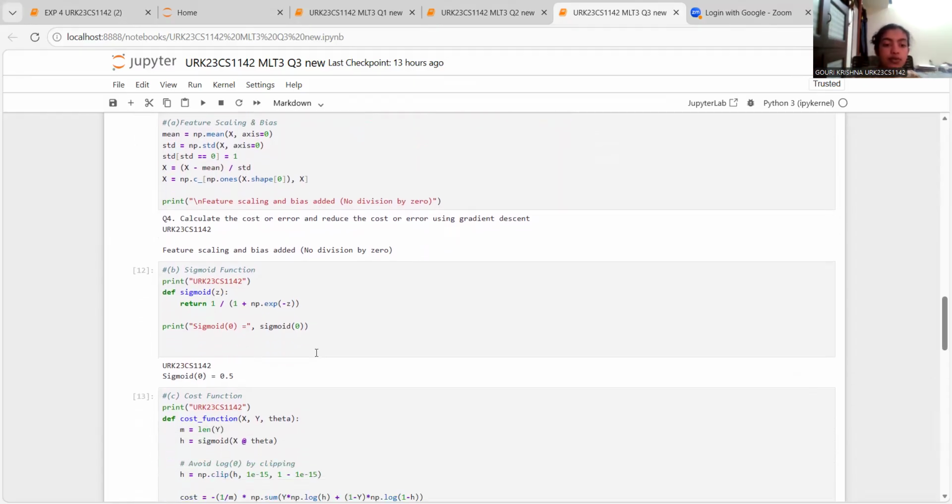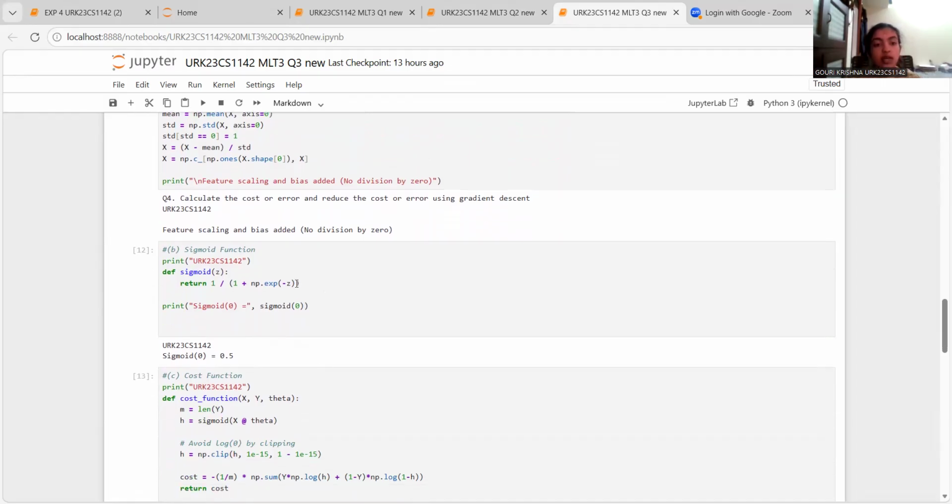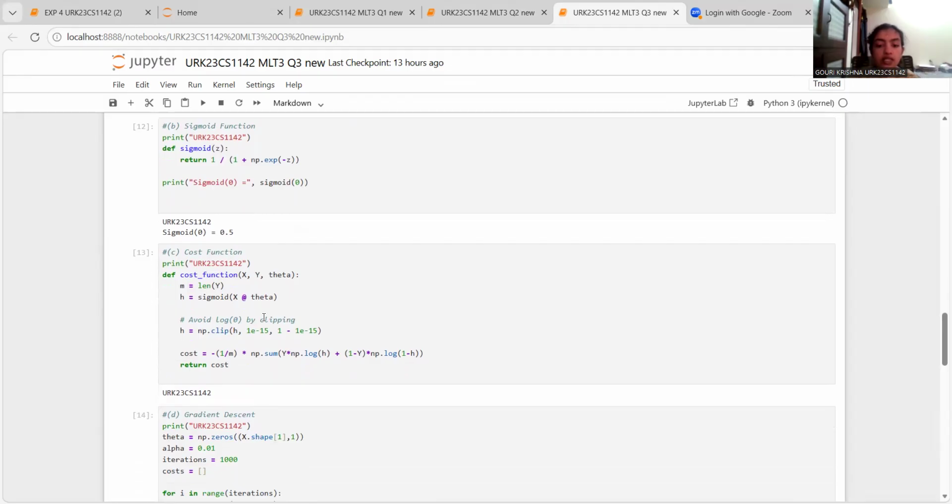And then in the fifth question, it is the sigmoid function, since logistic regression uses the sigmoid activation. This is the equation we have used: def sigmoid(x): return 1 divided by (1 plus np.exp(-x)). This converts the value into probabilities between 0 and 1.